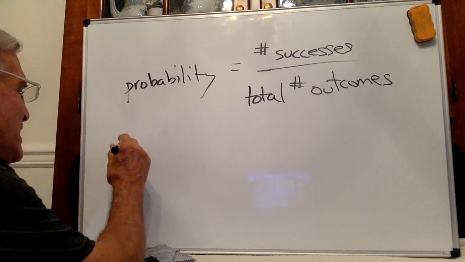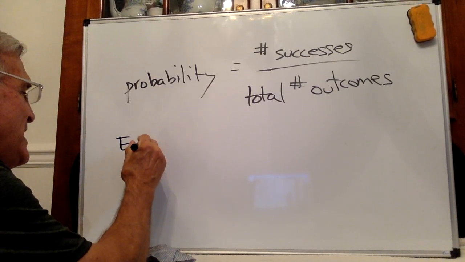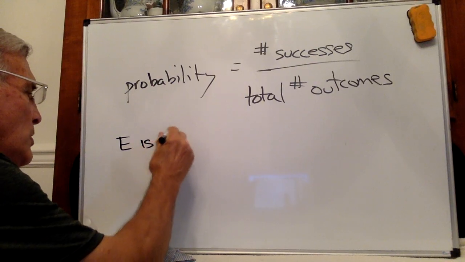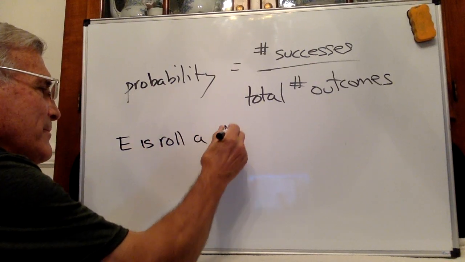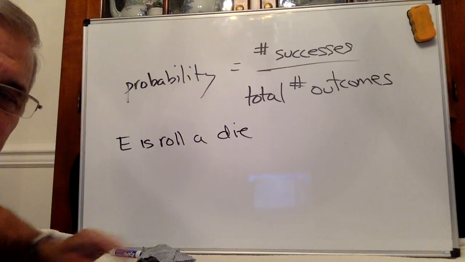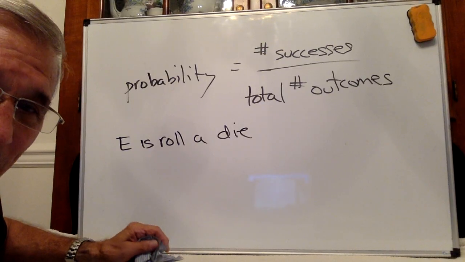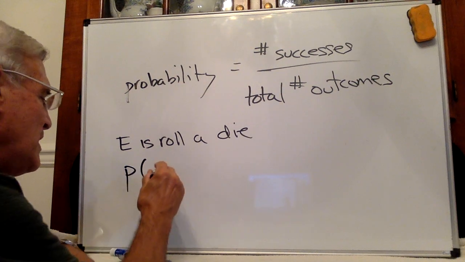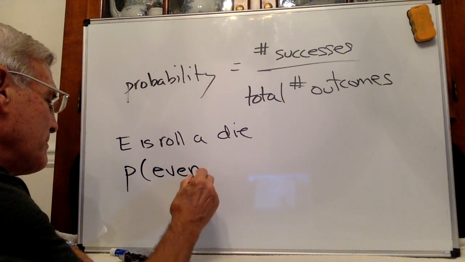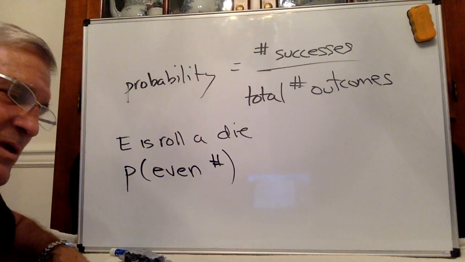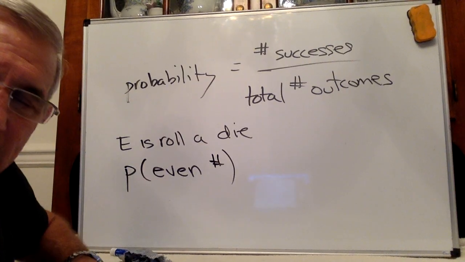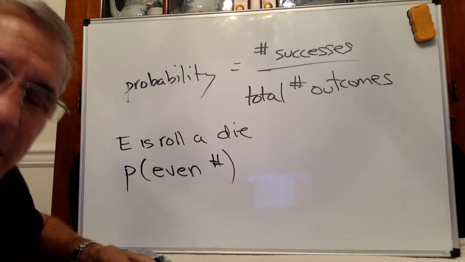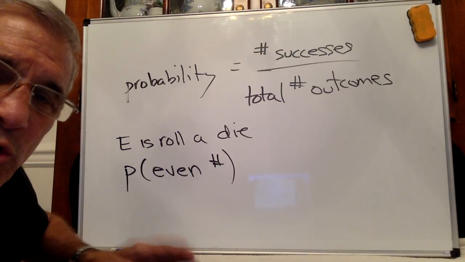So if I said we're going to define an event, E, is roll a die. Again, a die is the singular version of a pair of dice. If I said, what is the probability of rolling an even number? So if I roll a single die, what's the probability that an even number will show up?